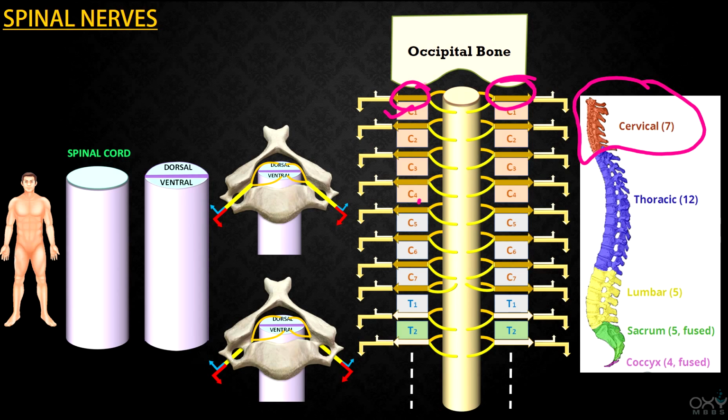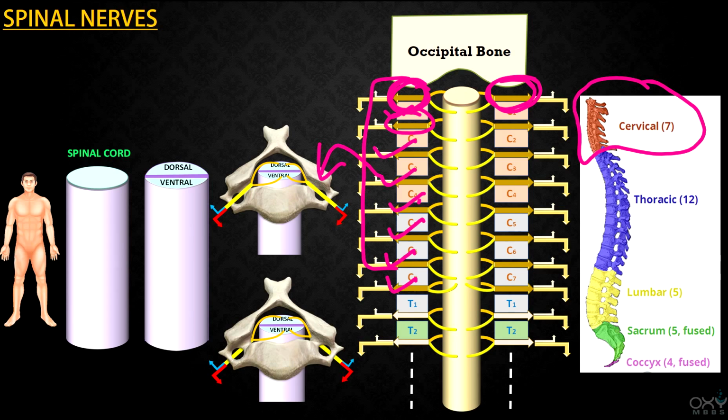And as you can see in this picture, this is the first cervical nerve, this is the second cervical nerve, third, fourth, fifth, sixth, seventh and eighth one. It means up to the seventh cervical nerve, they are present just above the vertebra.